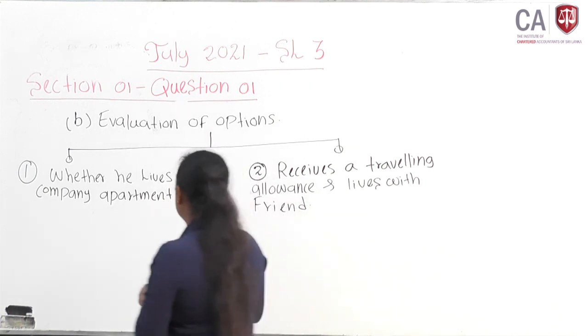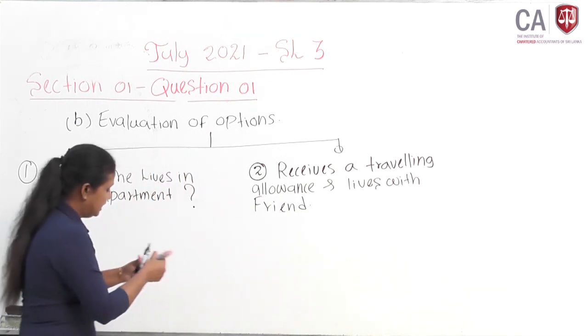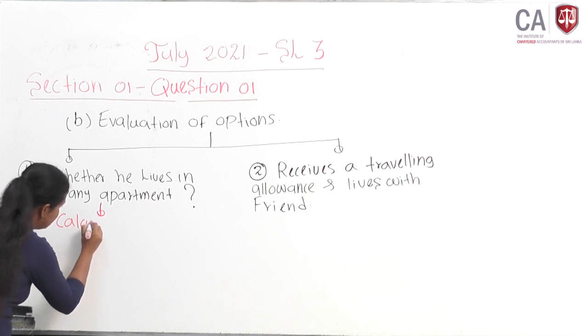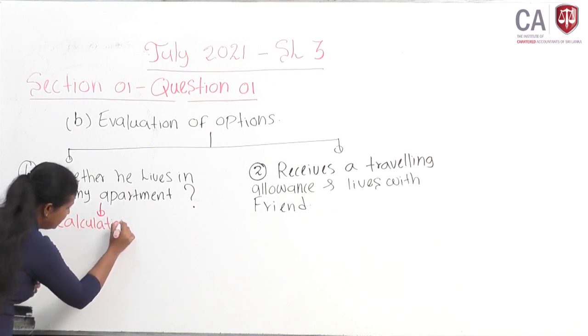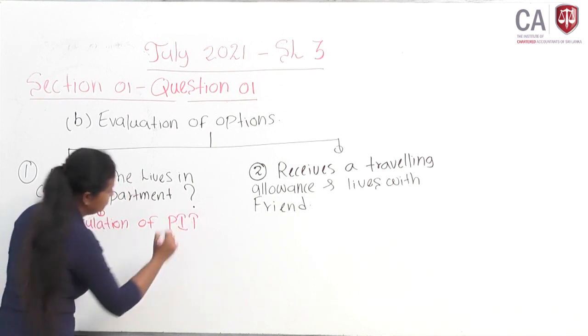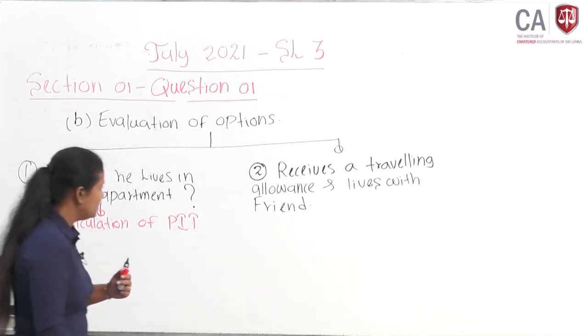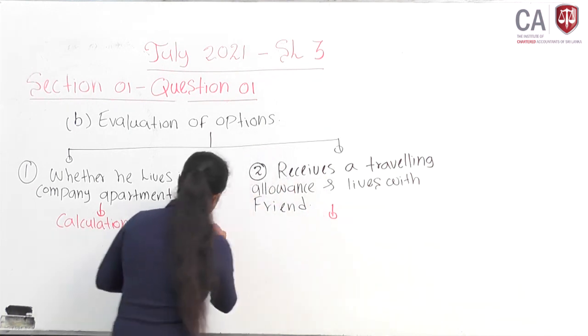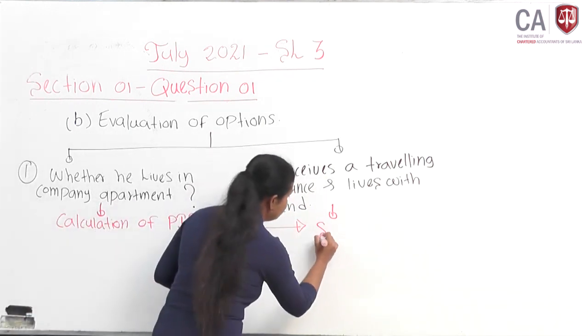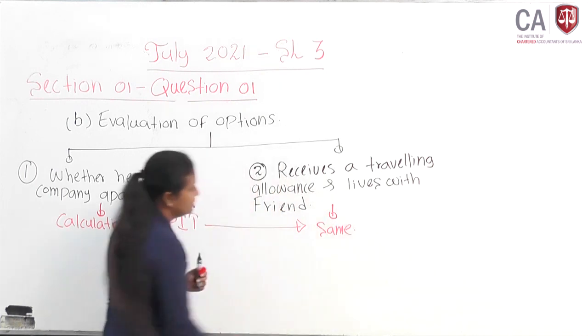For each option, you have to do the calculation of income tax liability, the calculation of personal income tax, maybe under the APIT scheme. Here also you have to do the same calculation of personal income tax.